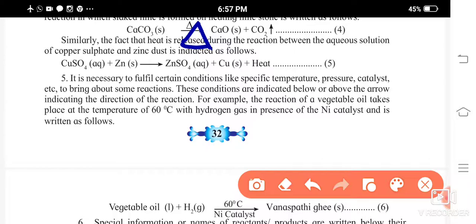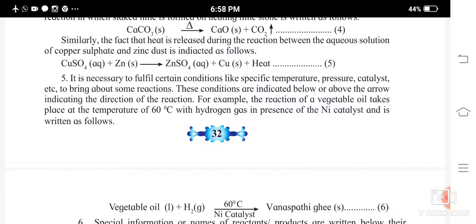Now if heat is liberated during the reaction, here you are supplying heat, but when heat is liberated during the reaction, you are going to write product plus heat. That means during the reaction heat is liberated.